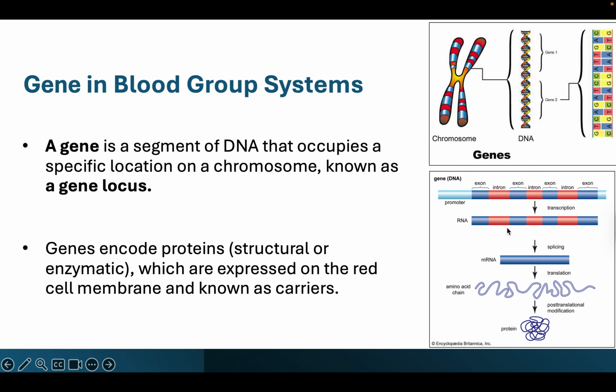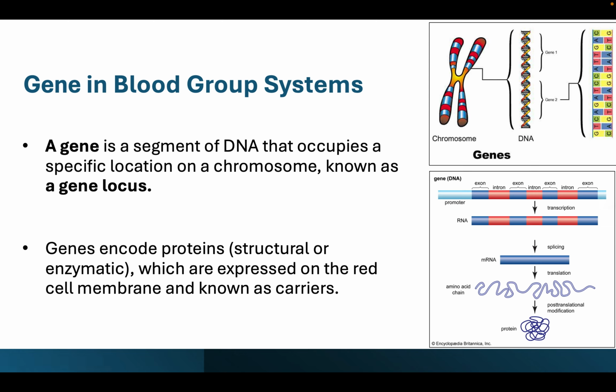For the pictures down, I want to give you a quick review about what happens from the gene until I get the protein. So in the pictures, the gene consists of the promoter and regulatory regions, exon, intron, but this is in the DNA. The DNA cannot exit the nucleus.